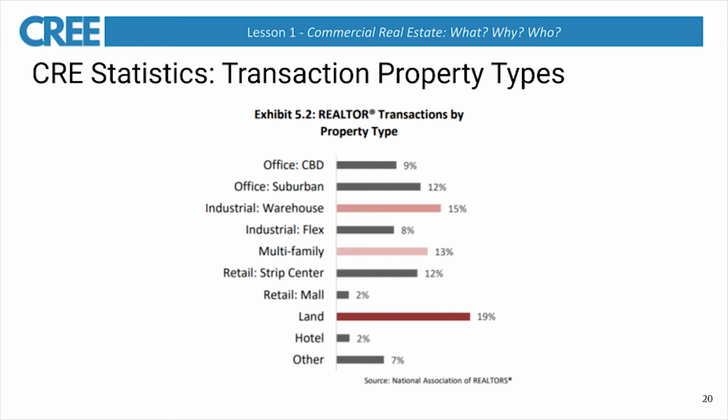Let's talk about some of the transactions of properties. And again, these were based around those 4 asset classes, but you can kind of see here, based on the graph, that office in the CBD, and again, that's Central Business District, was roughly 9%, suburban office around 12%, industrial warehouse 15%, industrial flex. There are two main differences in industrial space.